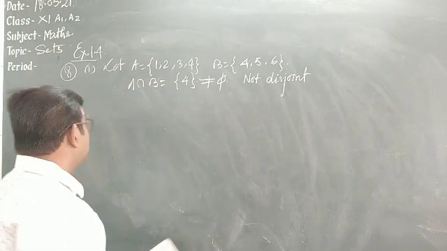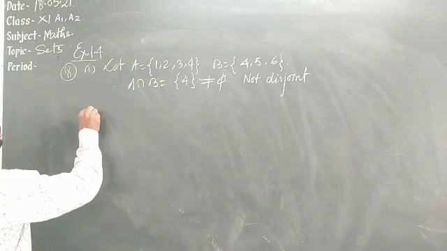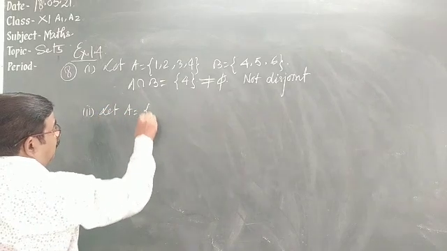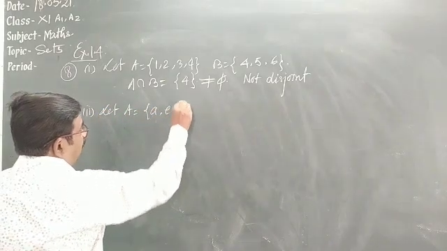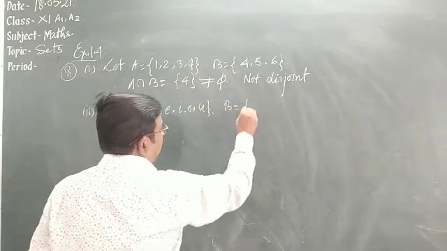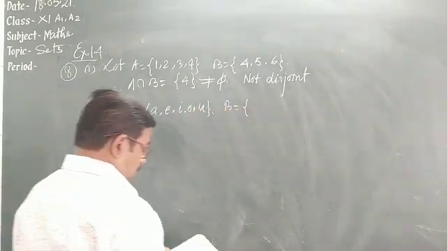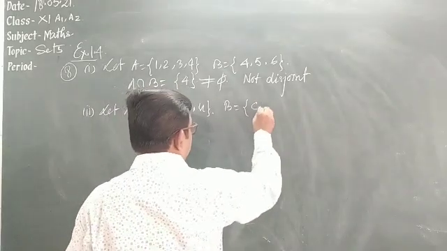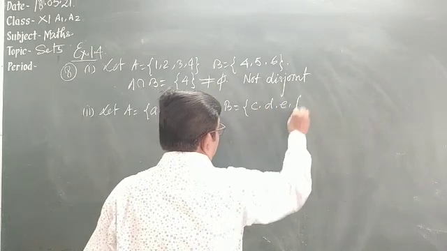Now in the second part, let set A be {A, E, I, O, U} and set B be {C, D, E, F}.